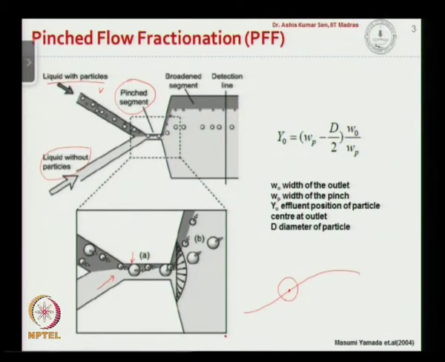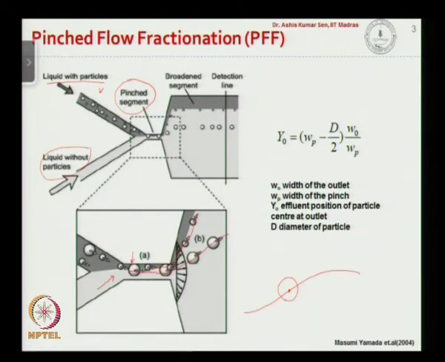Following that principle, for a smaller particle, the streamline passing through its center of mass will be closer to the wall, and for a larger particle it will be away from the wall. So the different size particles follow the corresponding streamlines passing through their center of mass.